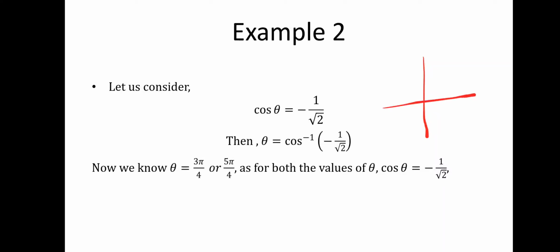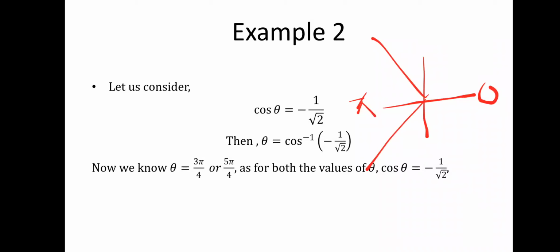Let me do this once again. 3 pi by 4 lies in the second quadrant, where cos is negative. Again, in the third quadrant, cos is negative. But we have to understand this: 0 and pi, these two values are here. For the principal value of cos, I have to take that angle which lies between 0 and pi.